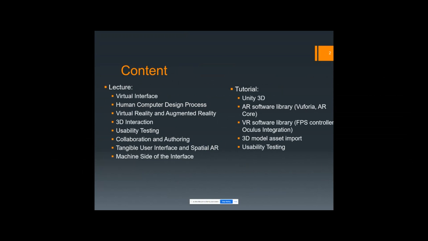There are different components of the lecture: the virtual interface, the human computer design process, VR and 3D interactions, and how to evaluate them in usability. We also talk about how people collaborate and use them for authoring tools, which seems to be the application that a lot of people are attracted to. That's what a work in progress can look like.